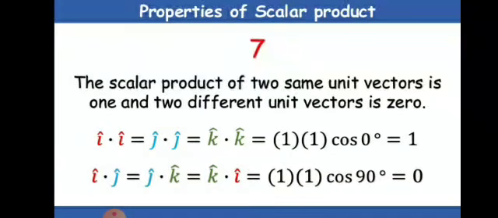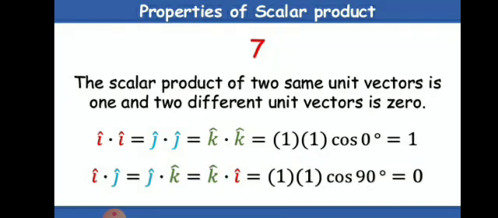The seventh one: the scalar product of two same unit vectors is 1 and of two different unit vectors is 0. We know the three unit vectors along the x, y, z axes. Which are the three unit vectors? I cap, j cap and k cap, isn't it?